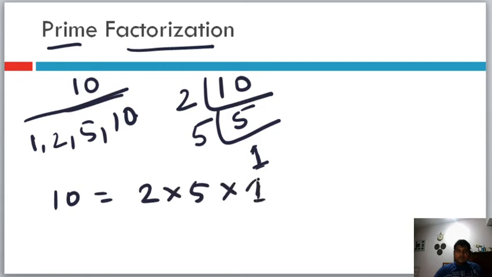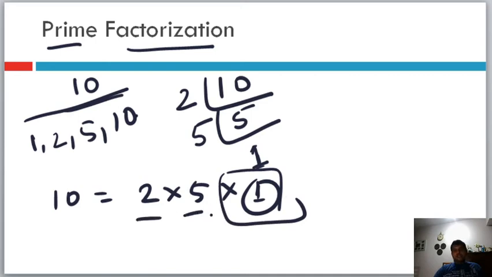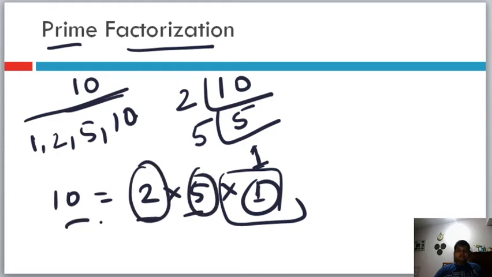It is optional to write 1. Now these two are prime numbers. So what are the prime factors of 10? The prime factors of 10 are 2 and 5. The questions will be such as: find out the prime factors of a number.